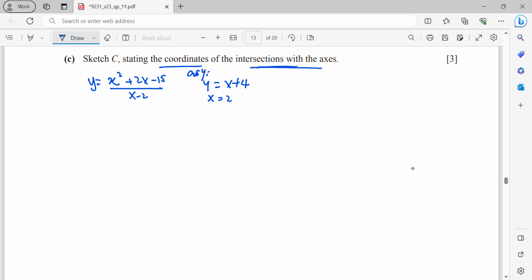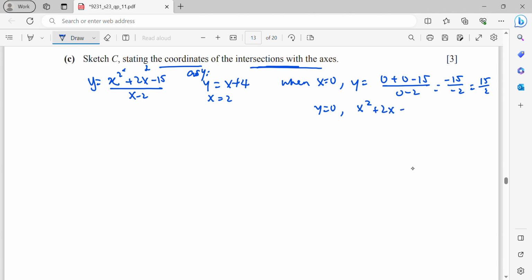So now intersection with the axis means when x equals 0, my y is going to be 0 plus 0 minus 15 over 0 minus 2. Just replace the x by 0 here. Then I will get minus 15 over minus 2, which is 15 over 2. And then when my y equals 0, x squared plus 2x minus 15 over x minus 2 equals 0, which means x squared plus 2x minus 15 equals 0.